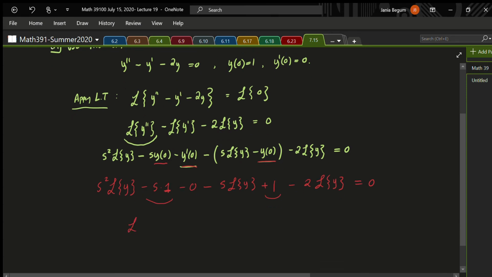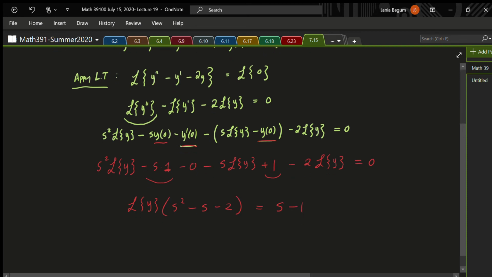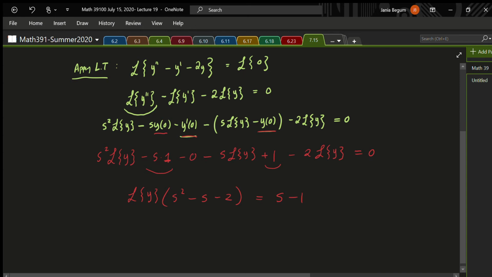So we have Laplace y times s squared minus s minus 2 is equal to s minus 1. So that's what we get. And then by dividing it through the expression with Laplace y, we have the Laplace transform of y is equal to s minus 1 over s squared minus s minus 2. So that's what we call the Laplace transform of this differential equation.